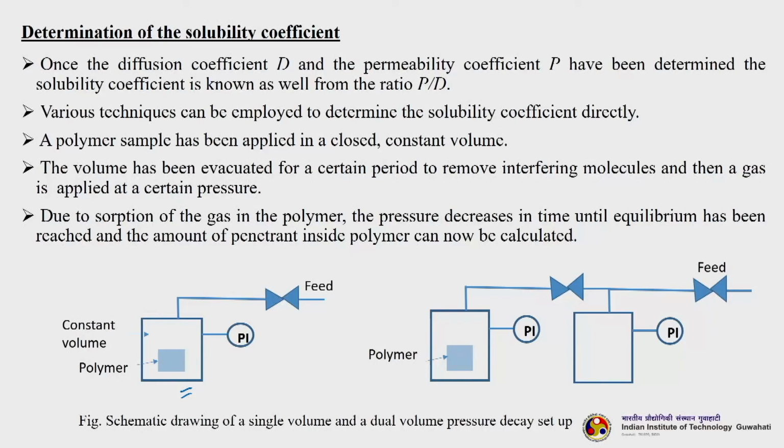The pressure will start decreasing until equilibrium has been reached. That means there will be no more sorption of the gas on the polymer, and the amount of penetrant inside the polymer can now be calculated very easily, because the volume of gas being supplied inside the chamber is known to us.